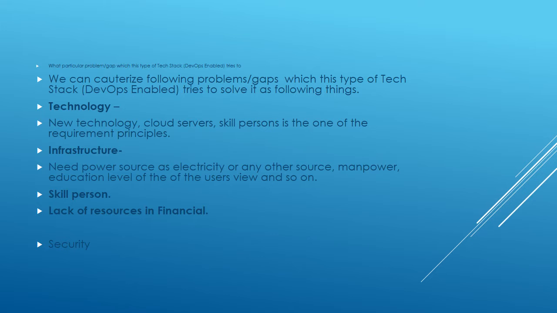The next thing is lack of resources, financial barriers, and we can avoid this by getting some funding from outside of the country or some donations. So we can find some funding for the improvement of that architecture.